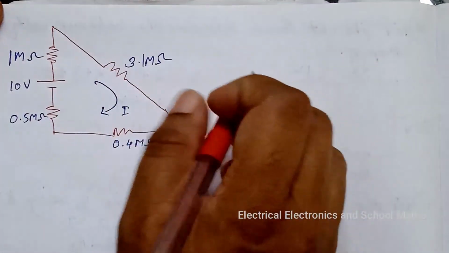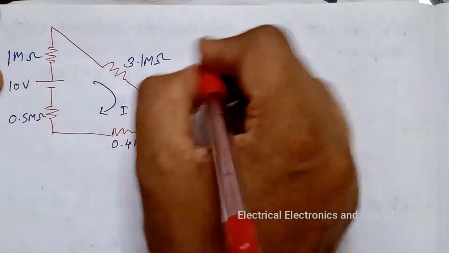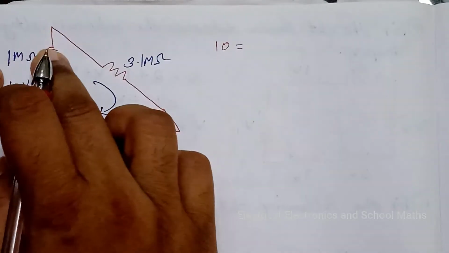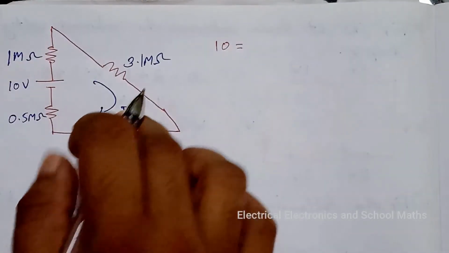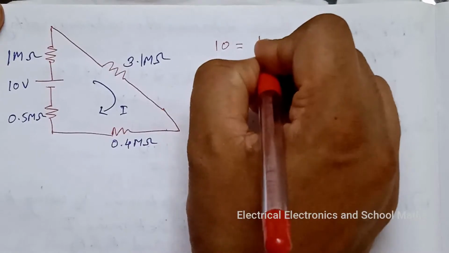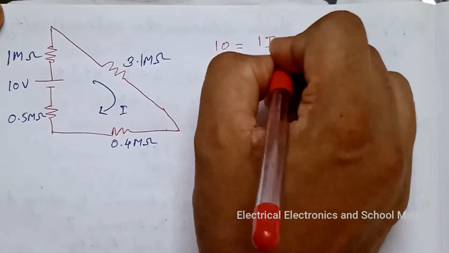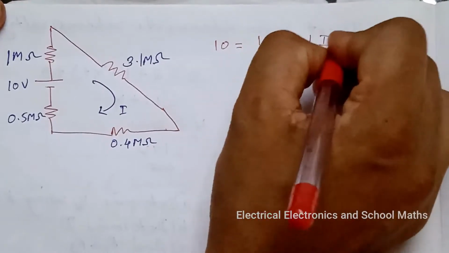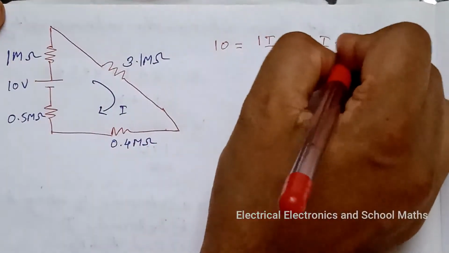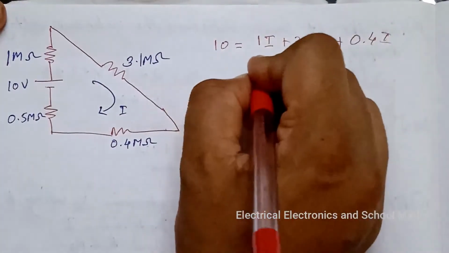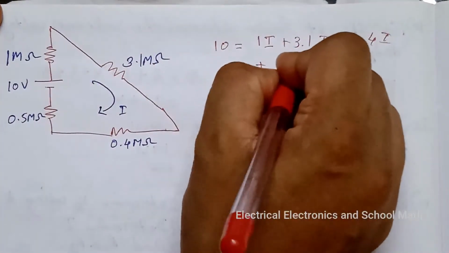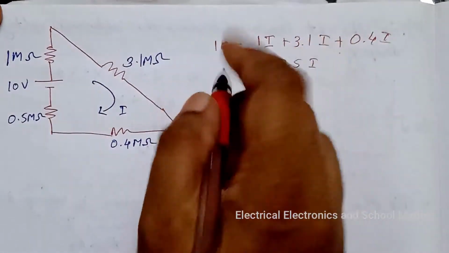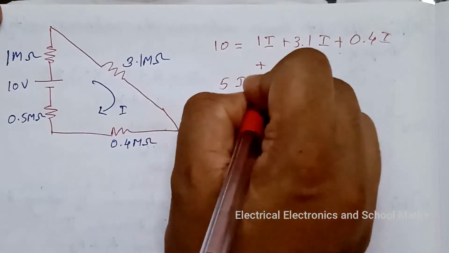And applying Kirchhoff's voltage law, we get 10 equal to, here the voltage drop is 1 mega ohm into I. That is 1 I plus 3.1 I plus 0.4 I plus 0.5 I, and we get 5 I equal to 10.